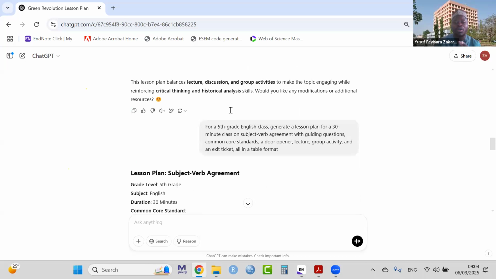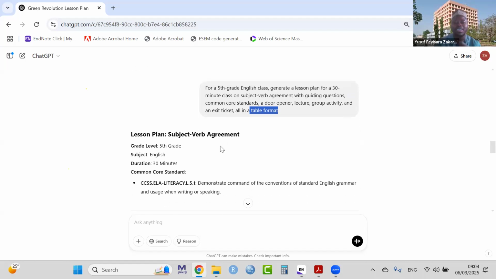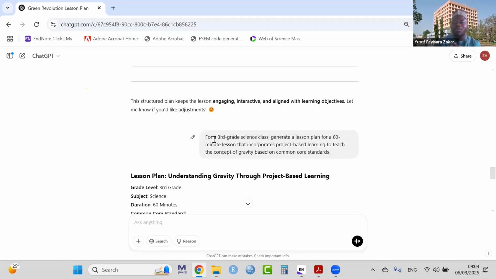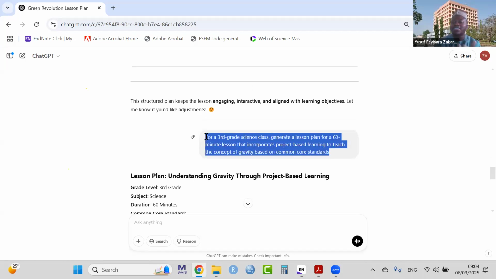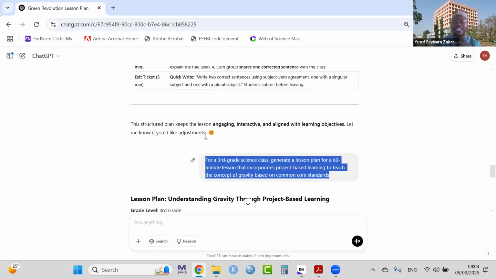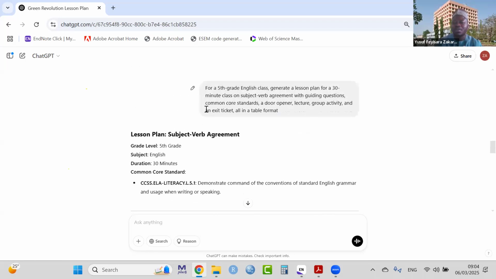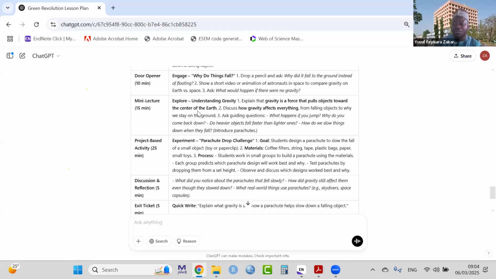But for the second prompt, we asked for table format, and it produced the response in tabular form. Then this one, we didn't ask for table format, but it produced this in tabular form. Why? It was because it has learned from the last prompt. Perhaps you like the next lesson plan to be in tabular form. That's why it put it in tabular form.